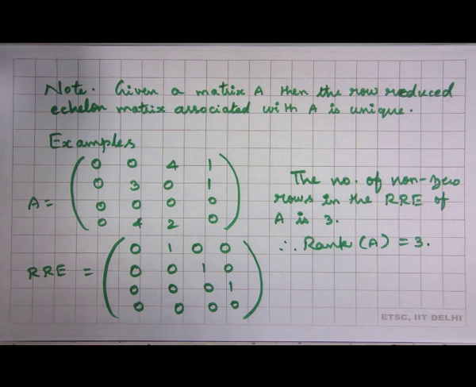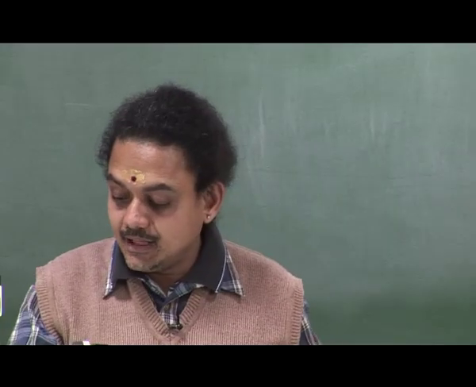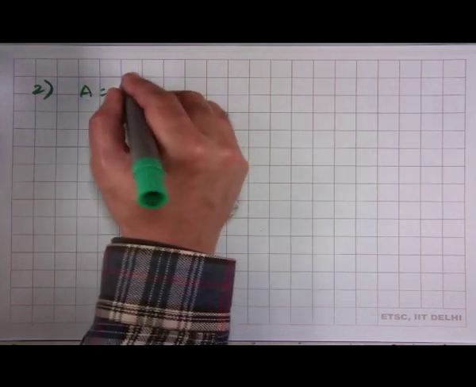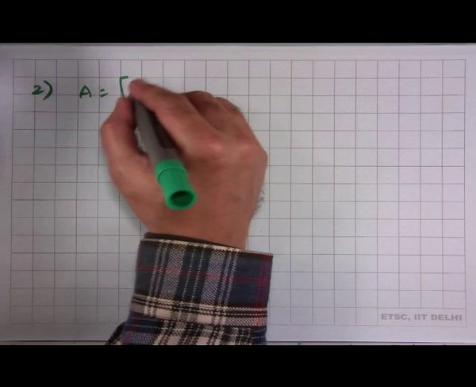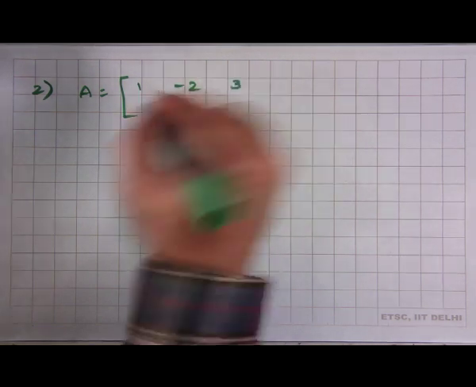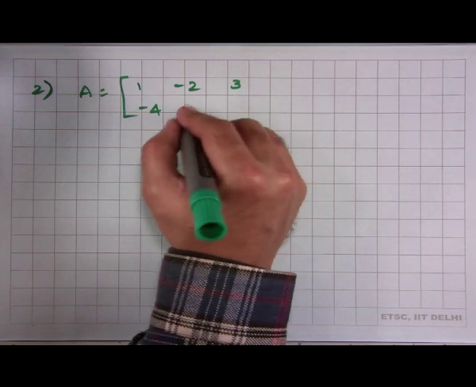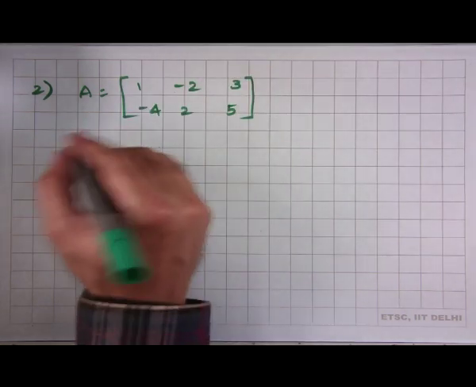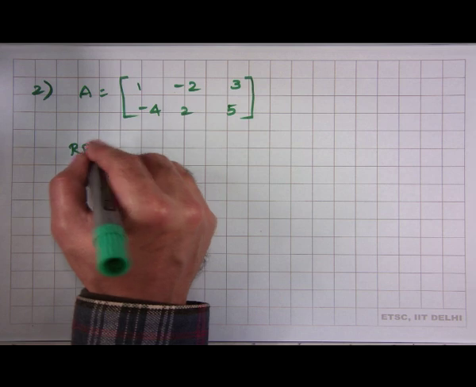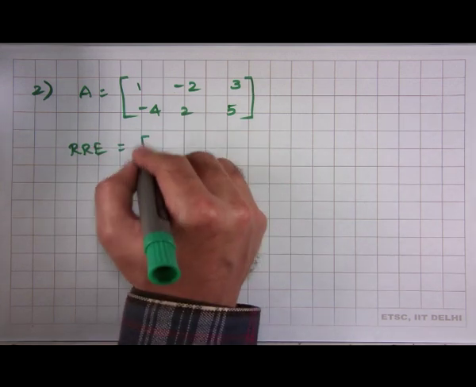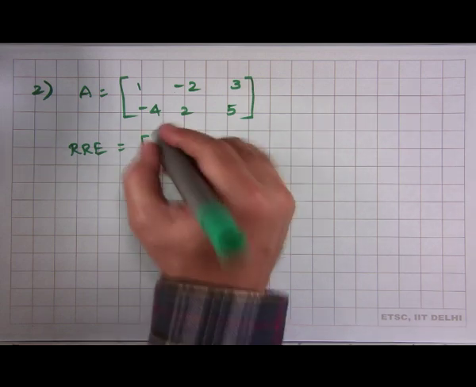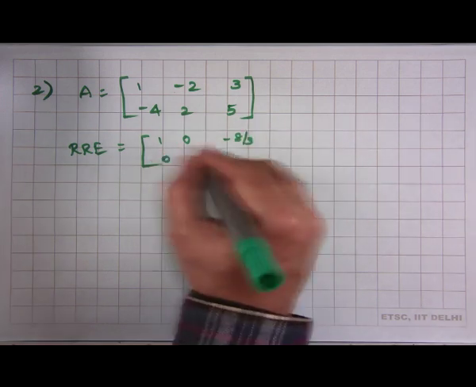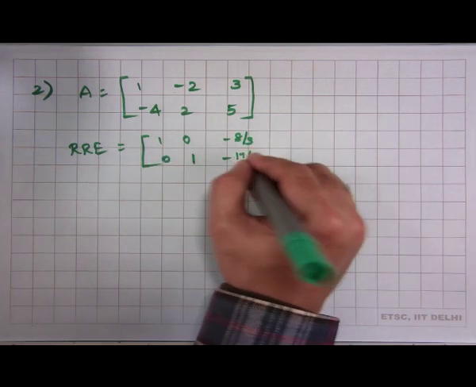Let us look at the next example that we had. Second example, our matrix was [1, -2, 3; -4, 2, 5]. This was the matrix that we had, and the row reduced echelon matrix corresponding to this was [1, 0, -8/3; 0, 1, -17/6].